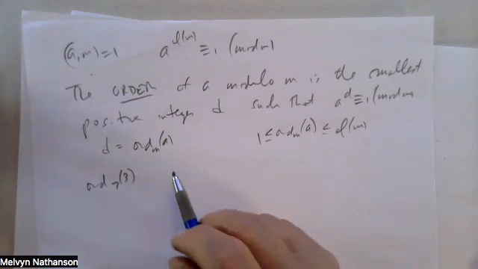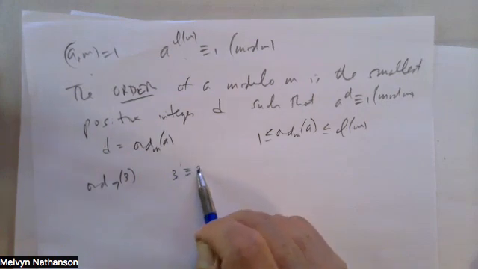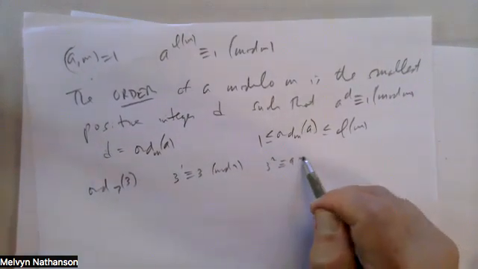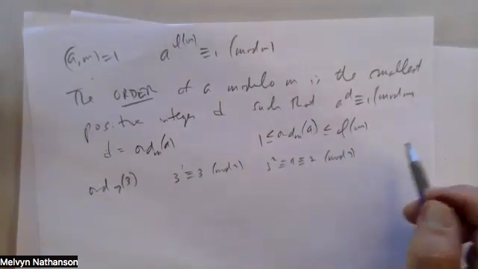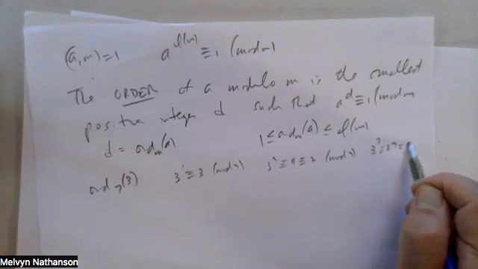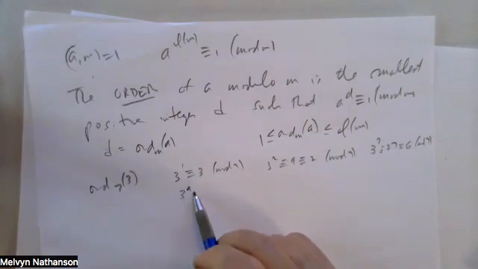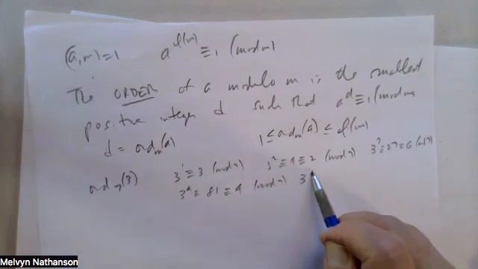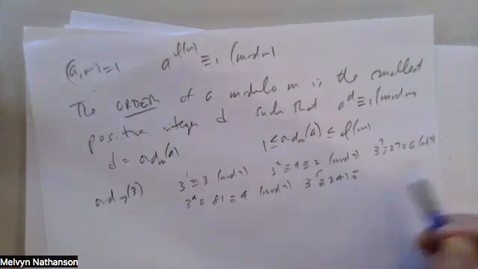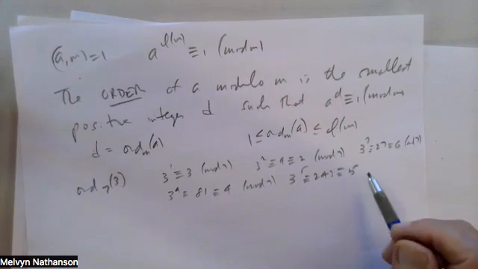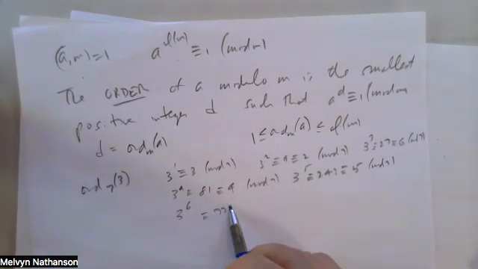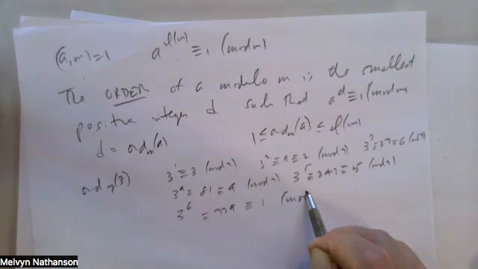If you start taking the powers of 3, 3 to the first is congruent to 3 mod 7. 3 squared is 9, congruent to 2 mod 7. 3 cubed is 27, congruent to 6 mod 7. 3 to the fourth is 81, congruent to 4 mod 7. 3 to the fifth is 243; if you divide that by 7, you get 5 mod 7. 3 to the sixth is 729, which is congruent to 1 mod 7.